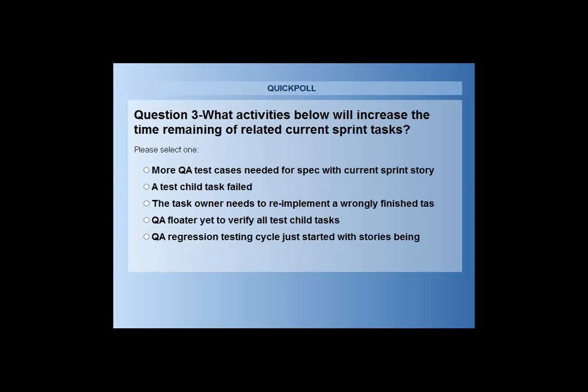Now we're going to test a lot of the current sprint. So what do you think will increase? This is kind of tricky, actually. Okay, we'll leave the polls open for 20 more seconds.